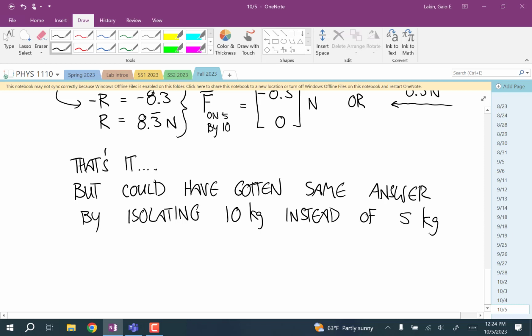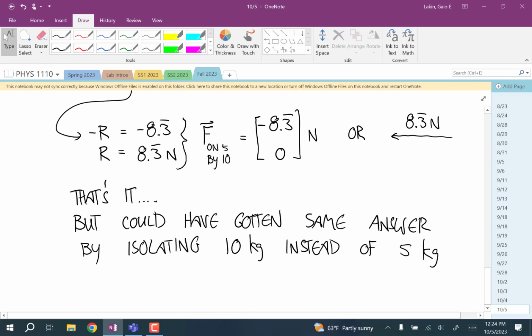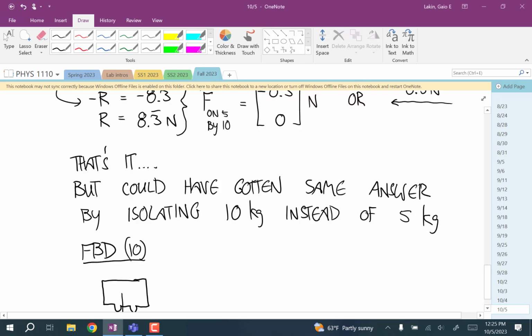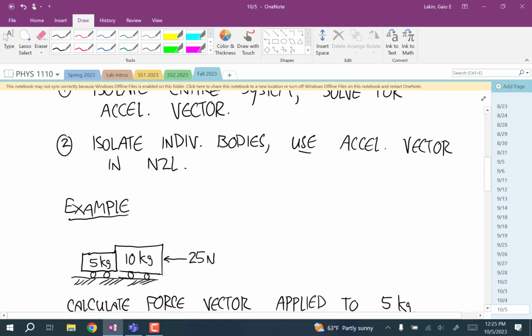So say we already did the part where we isolated the two things together, we calculated the acceleration. And now instead, let's isolate the 10 kilogram and see what it looks like. So, free body diagram of the 10. There's a weight force of 10 times 9.81, so 98.1. Go all the way back up to the picture.